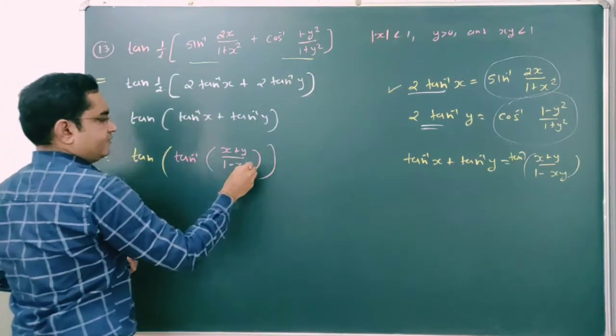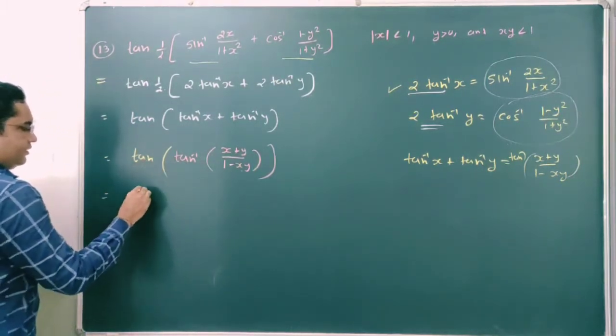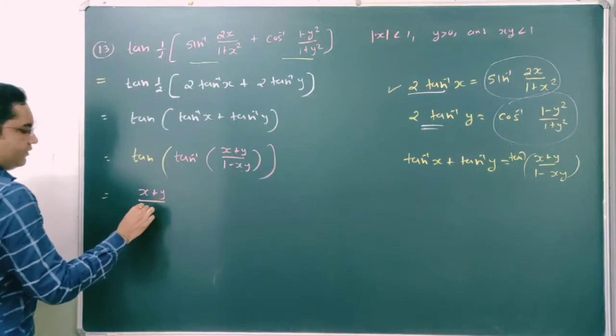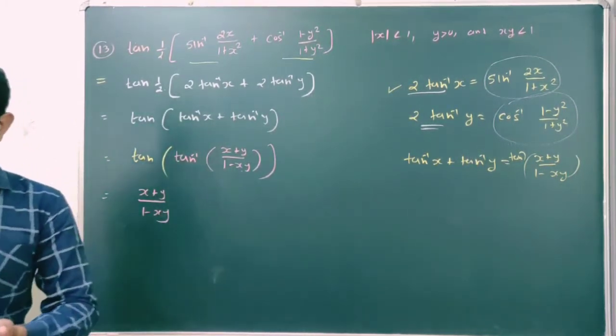Here xy is less than 1, and that's why we are using this formula. So tan of tan inverse gives x plus y upon 1 minus xy. This is the simplification of question number 13.